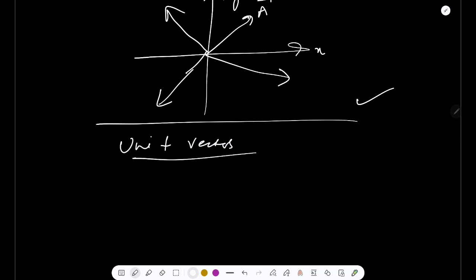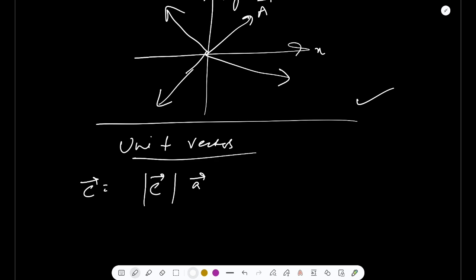And what is a unit vector? It is sometimes convenient to express a vector C as the product of its magnitude and a vector, suppose vector A, of unit magnitude and having the direction corresponding to the vector C. People love to write a vector as its magnitude multiplied by its direction.